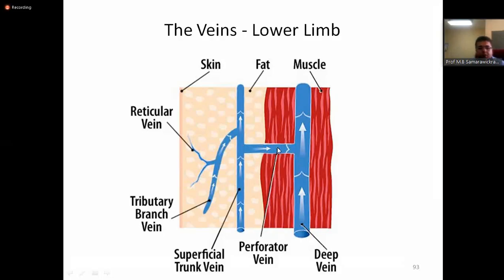In all the other parts of the body you get these communicating veins, but it's well apparent in the lower limb, right? And remember all these veins have unidirectional valves. Valves are directed towards the heart, superficial to deep veins.